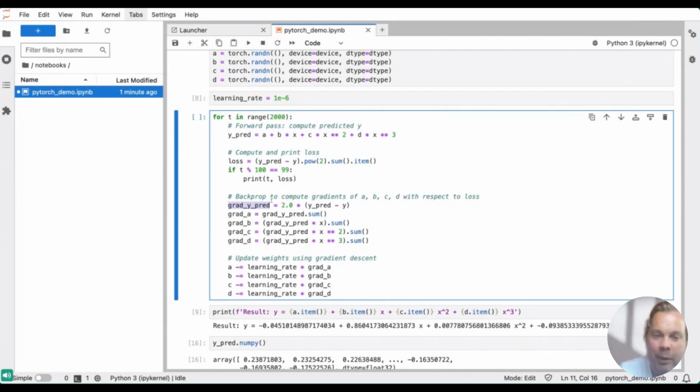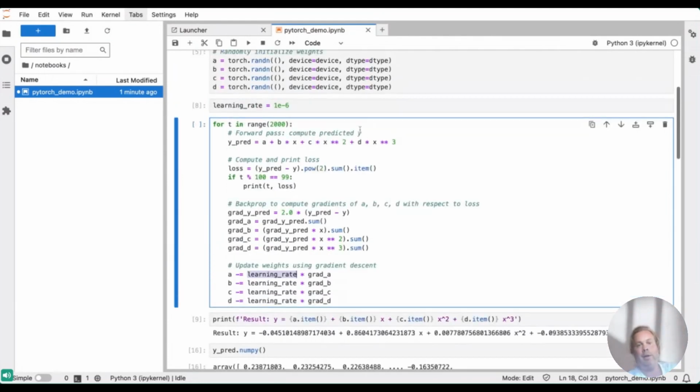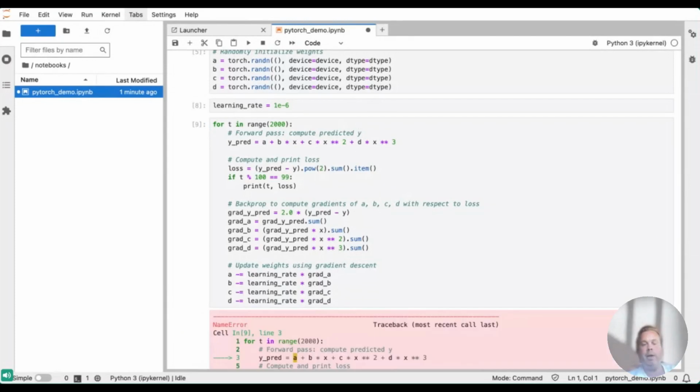Okay, so this is the gradient. And then we update all the parameters by the learning rate times the gradient. So then we can update these numbers: we do the number minus something. Then we run this, and it should be perfect.